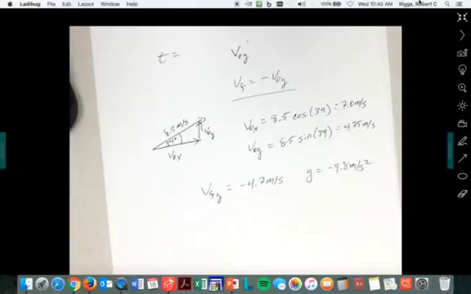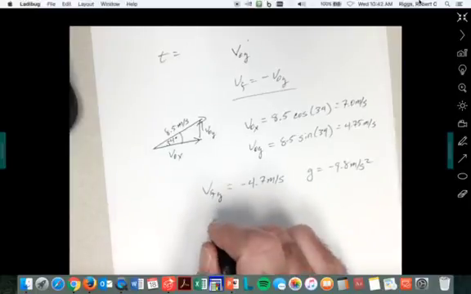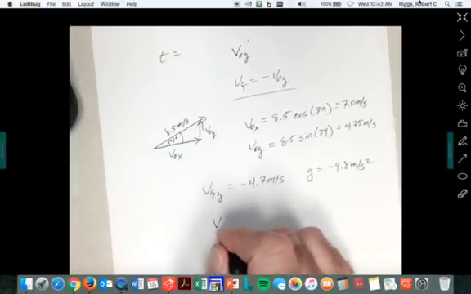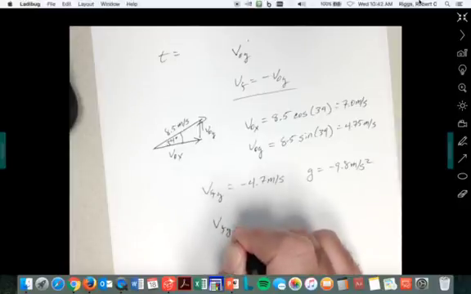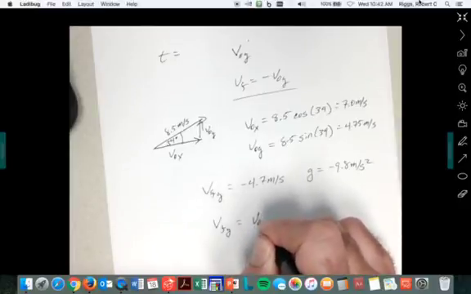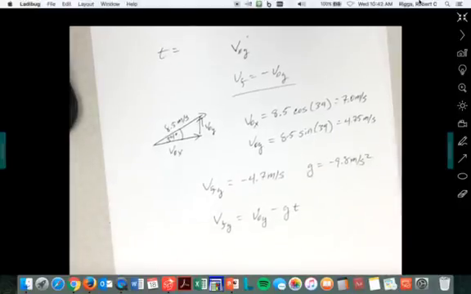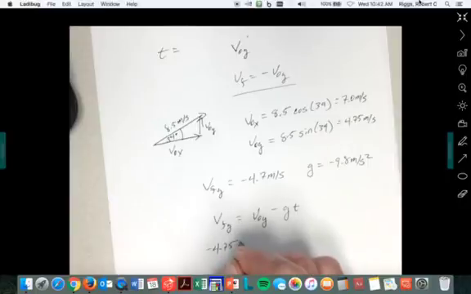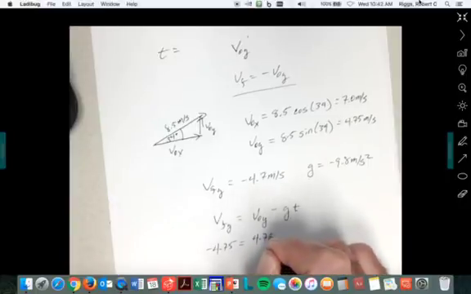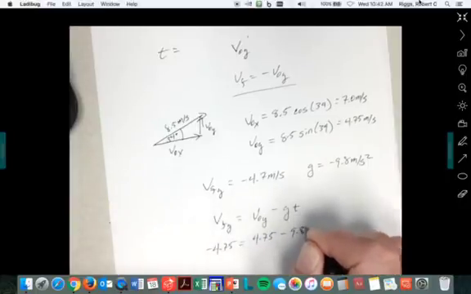Piece of cake. Now I just use the equation where V final in the y direction is equal to V initial in the y direction minus gT to find the time. I know everything. Look, I've got minus 4.75 equals positive 4.75 minus 9.8 times T.